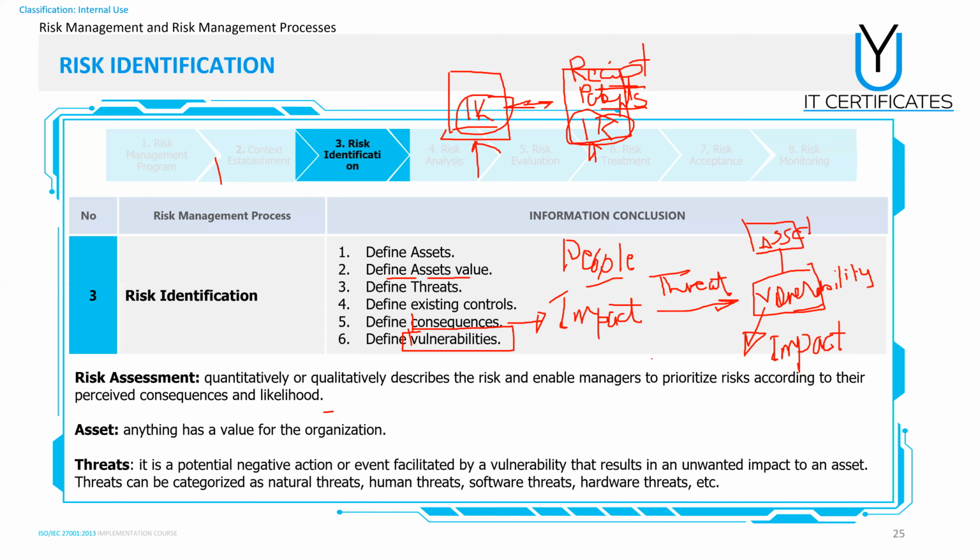This impact can be financial, it can affect the reputation, it can affect your market share, it can be in the form of regulation and laws non-compliance. We have a lot of impacts which can be considered. As we mentioned, it can be financial, reputation, laws and regulations, anything.